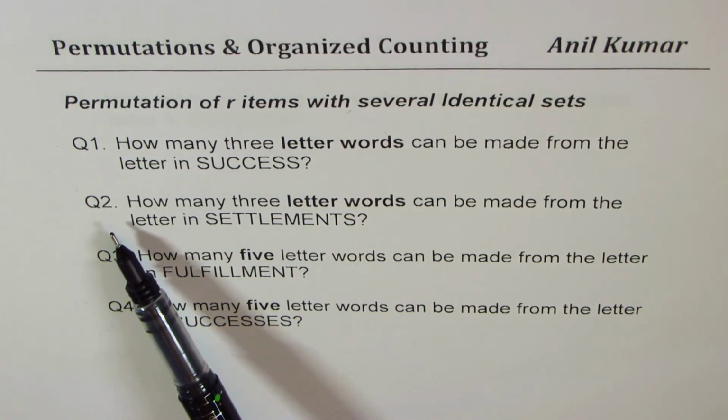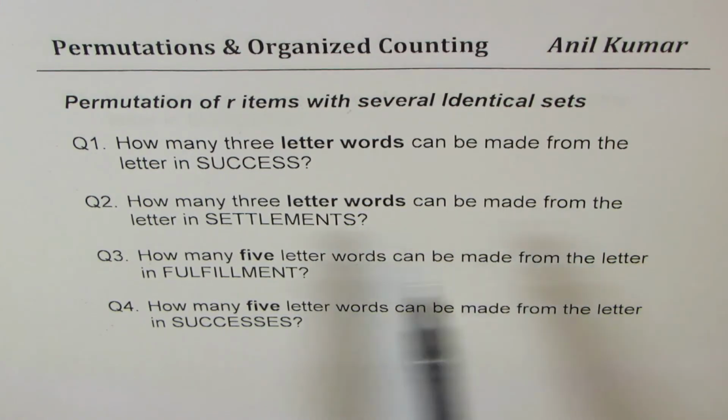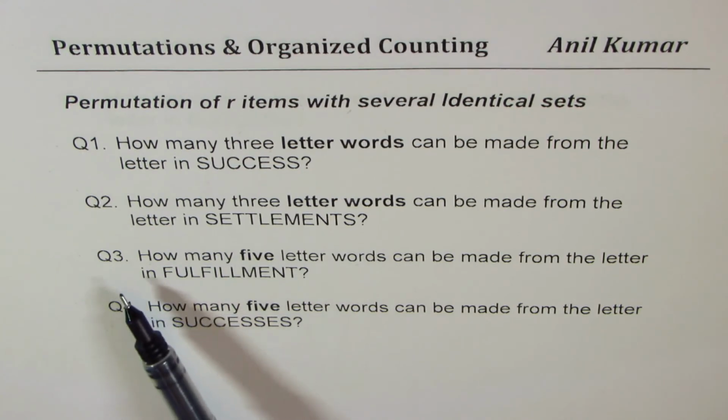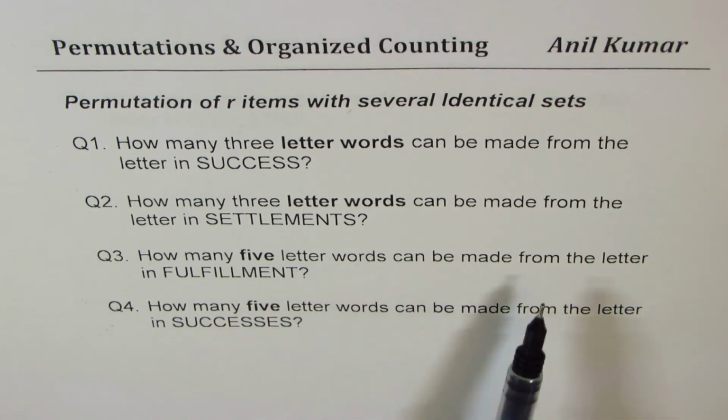Then we have question number 2, which is also how many three-letter words can be made from the letters in settlements. Question number 3 and 4, in them we'll find how many five-letter words can be made from the given word.